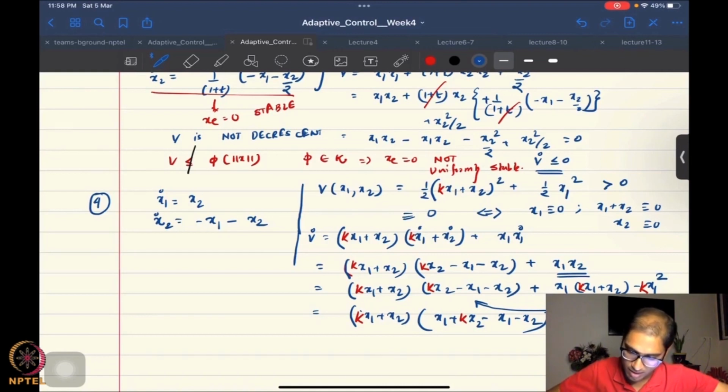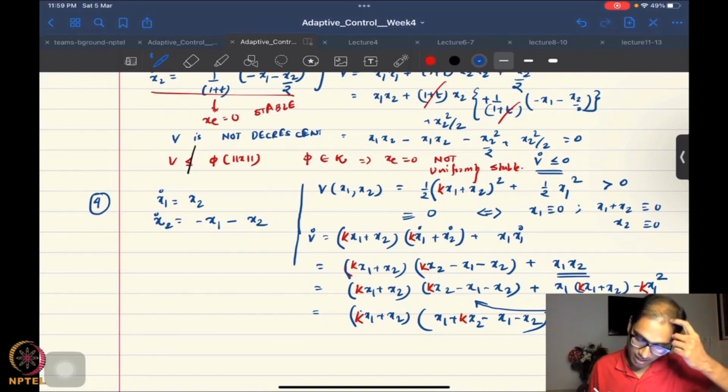Okay, so this is still a bit of a problem because I would still like a negative in the x1. So I'm just trying to manipulate some of these numbers so that we can get an appropriate equality here. So that's the idea here.